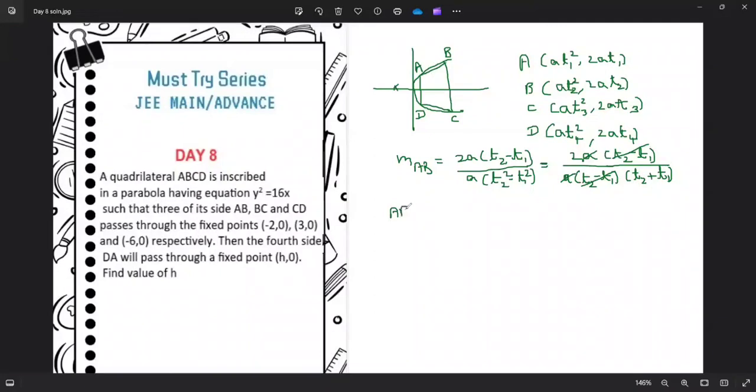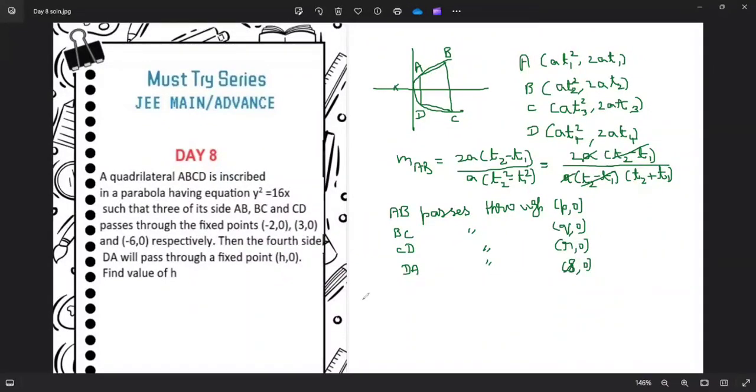Let's say AB passes through (p, 0), BC will pass through (q, 0), CD will pass through (r, 0), and DA will pass through (s, 0).